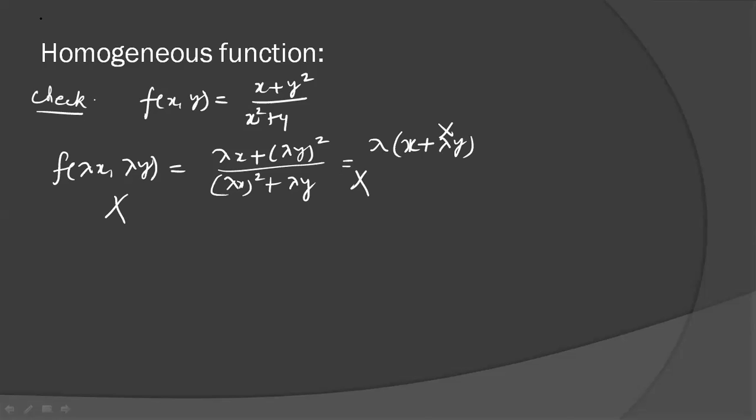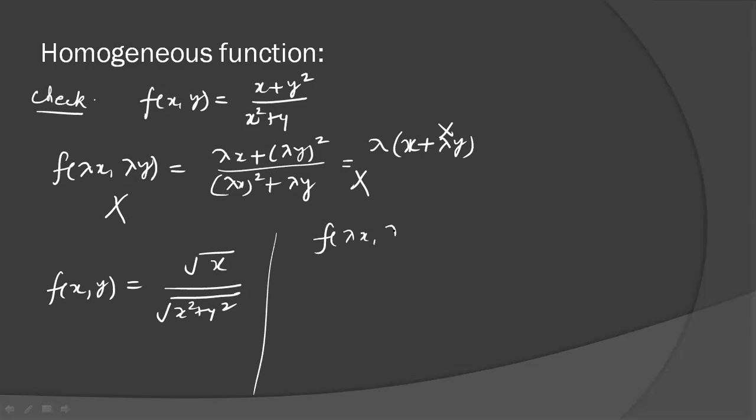Now let's check another example: f of x, y equal to under root x over under root x square plus y square. You can check f of lambda x, lambda y is equal to under root lambda x over under root lambda x whole square plus lambda y whole square.